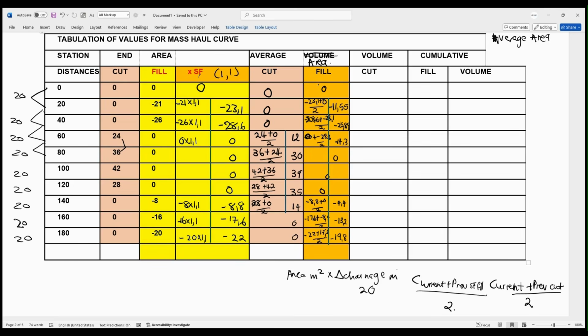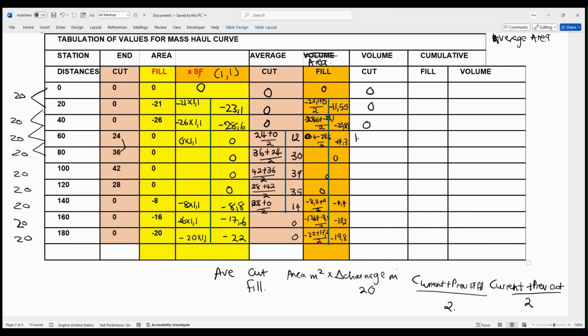So you are now going to come here and say average cut area, or fill area, multiplied by the chainage. For the first ones, since it's 0, 0, it's going to be 0, 0, 0.